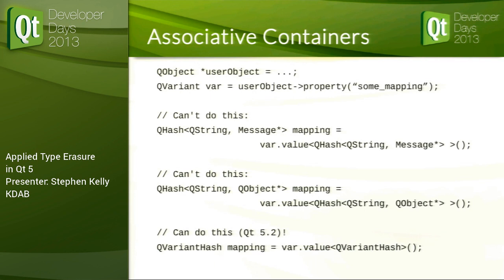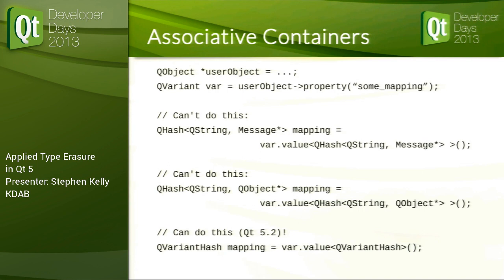I also can't extract it as a QHash of QString, QObject star, partly because I don't actually know that it's a QHash. It might be a QMap. It might be a std::map. But I can, since Qt 5.2, extract it as a QVariantHash. I can also extract it as a QVariantMap if I wish.